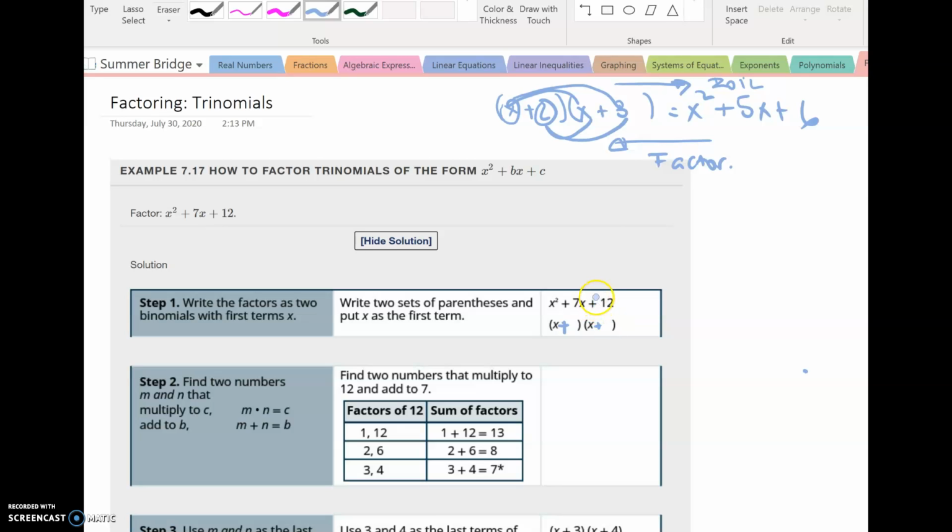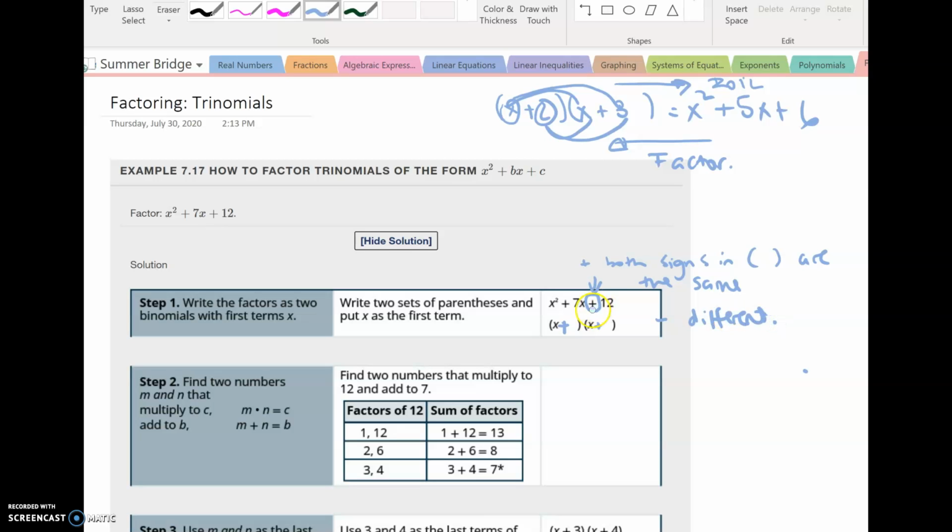However, what is kind of nice is if you always look at the second sign, that's going to tell you if it's positive, that means that both signs in the parentheses are the same. If it's negative, then they're going to be different.